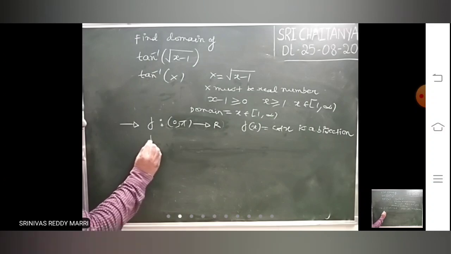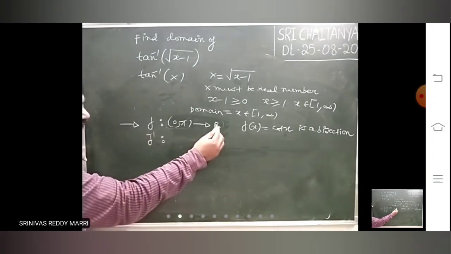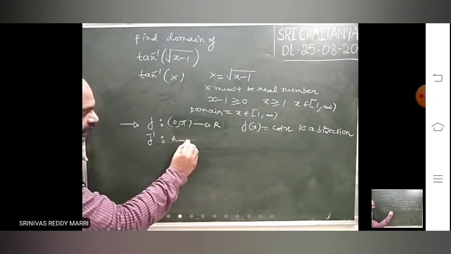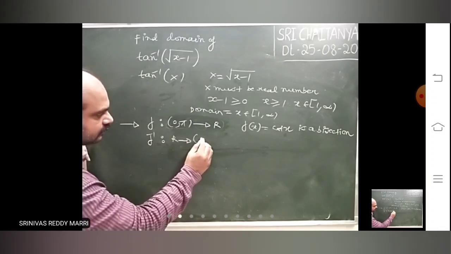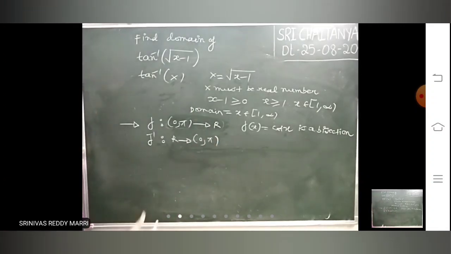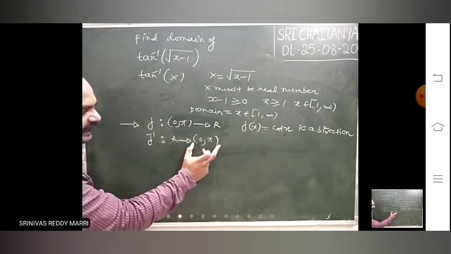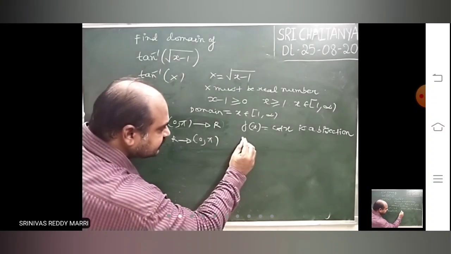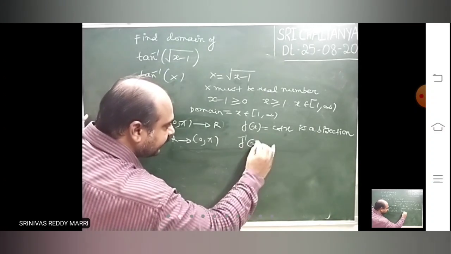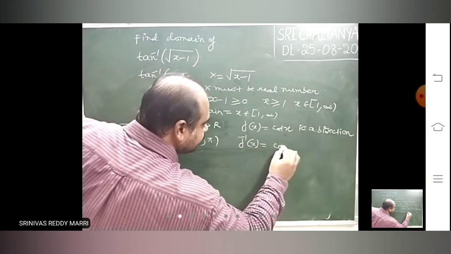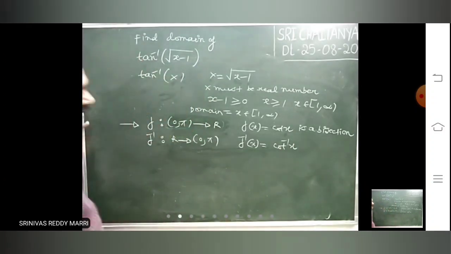Suppose I am defining the inverse function, from R to (0, pi). That means the domain is all real numbers and the range is (0, pi). This function is called f inverse x. This is nothing but cot inverse x.